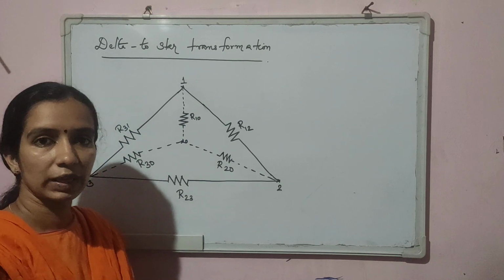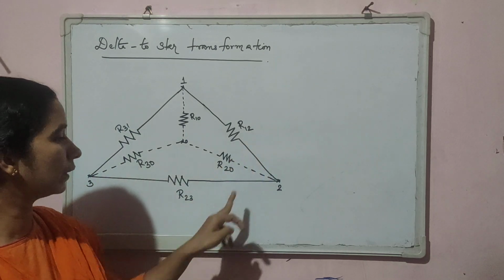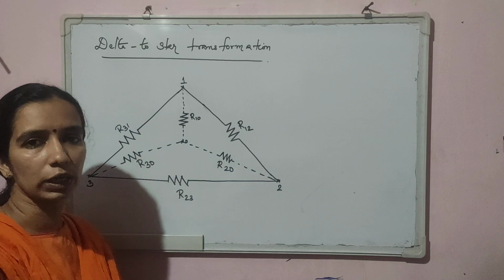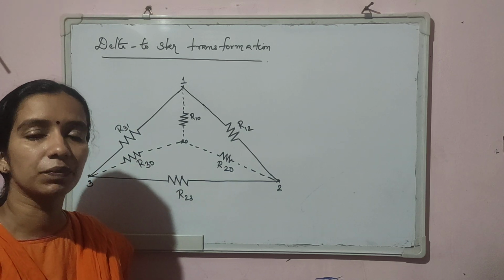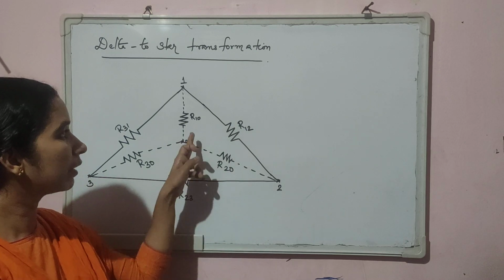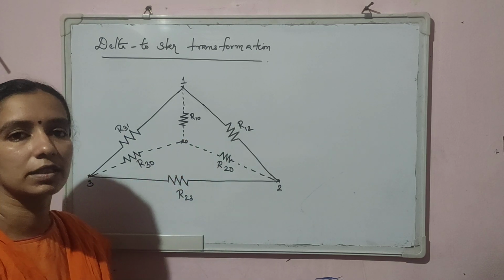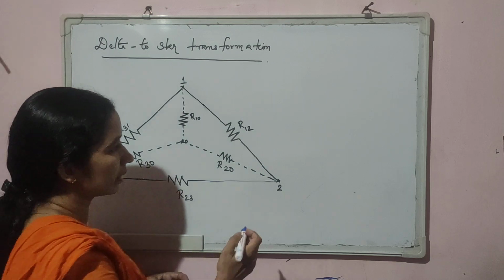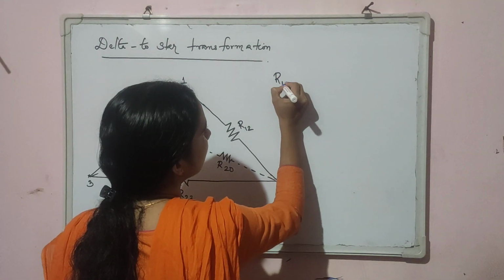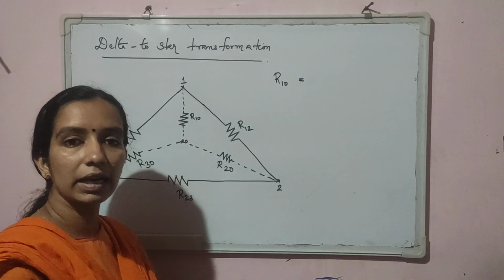So actually we have the values of R12, R23 and R31 only. So while we are transforming it into an equivalent star connected system, we need to calculate the value of the star connected resistors R10, R20 and R30. So now let us see what are the equations for calculating R10, R20 and R30.